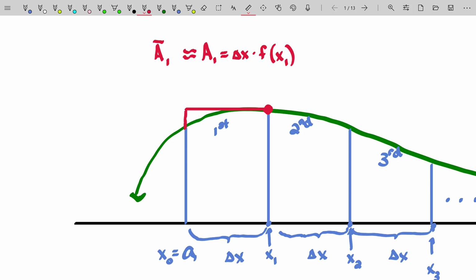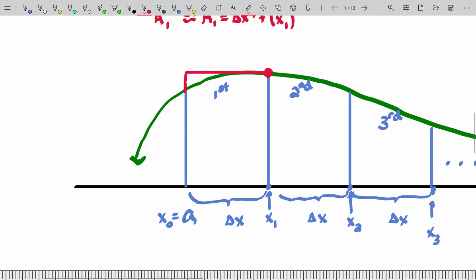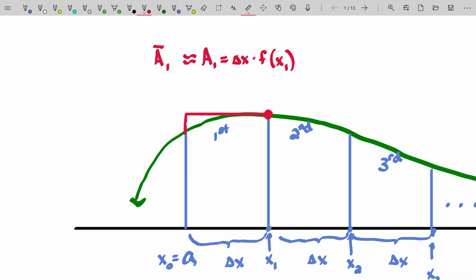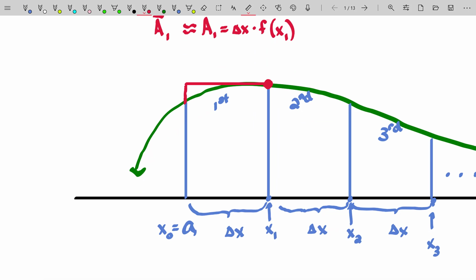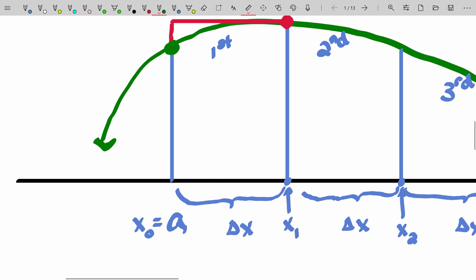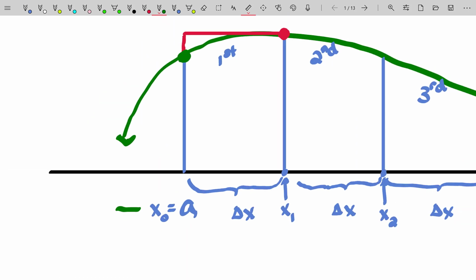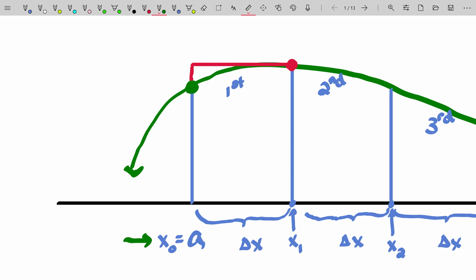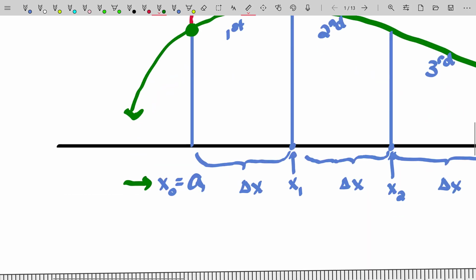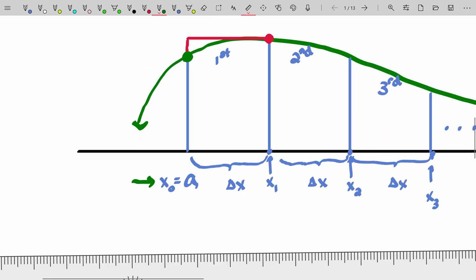Now, we also learned how to approximate the area underneath the curve in this first slice using left endpoints. Now, using the left endpoint, that means we're going to use x sub 0 and its corresponding y value, which is the function value here, to determine what the height of our function is, or basically to approximate the height of the function on that slice.